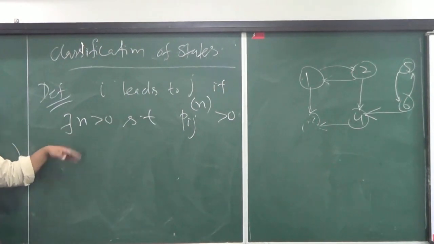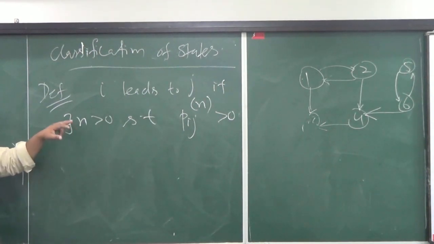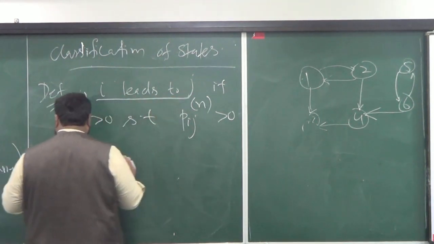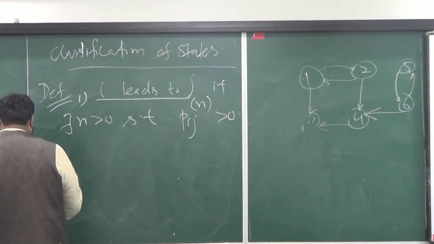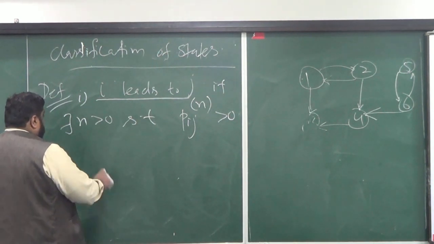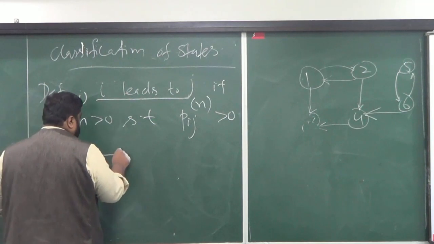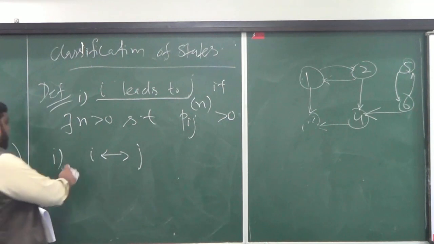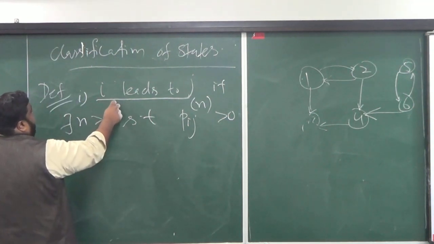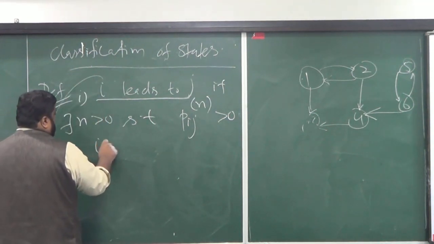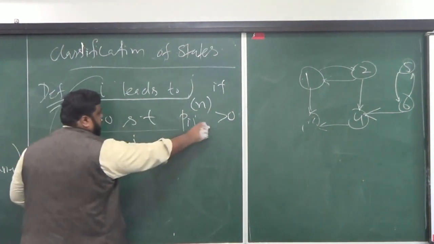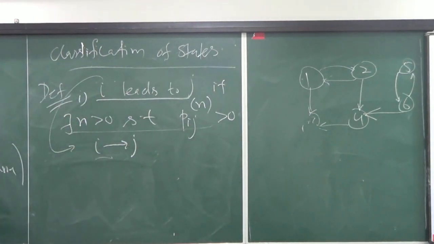There are chances that in n steps you can get from state I to state J. So whenever I have to say I leads to J, I'll use this symbol. This symbol means that you have positive probability and in some number of steps you can reach J.